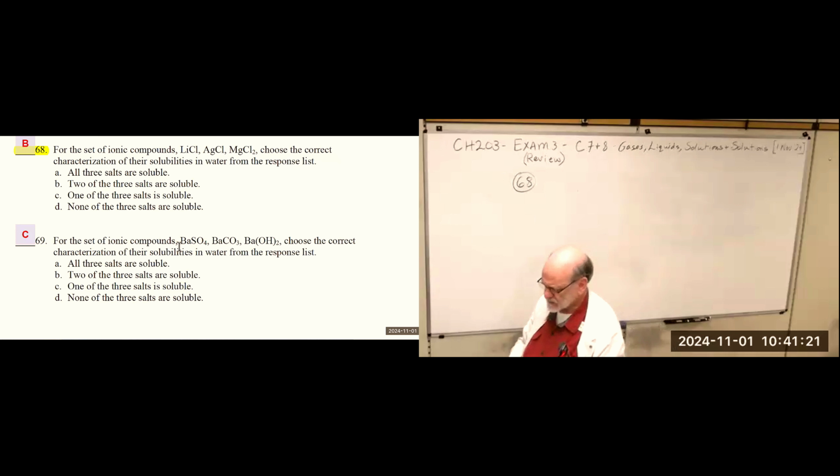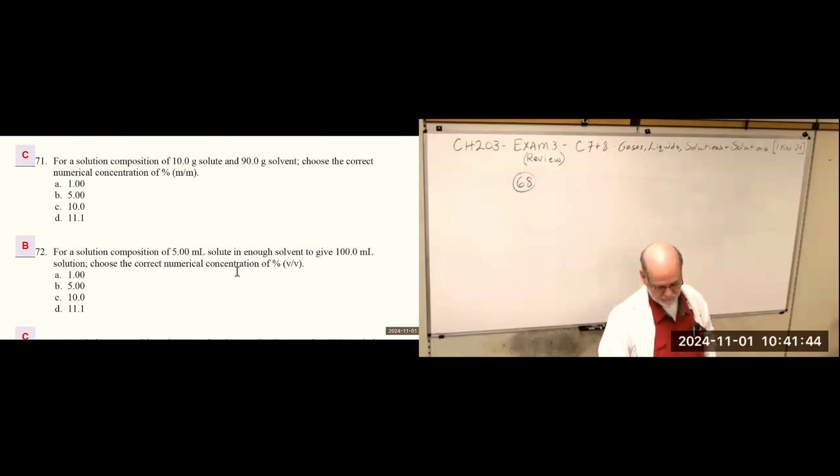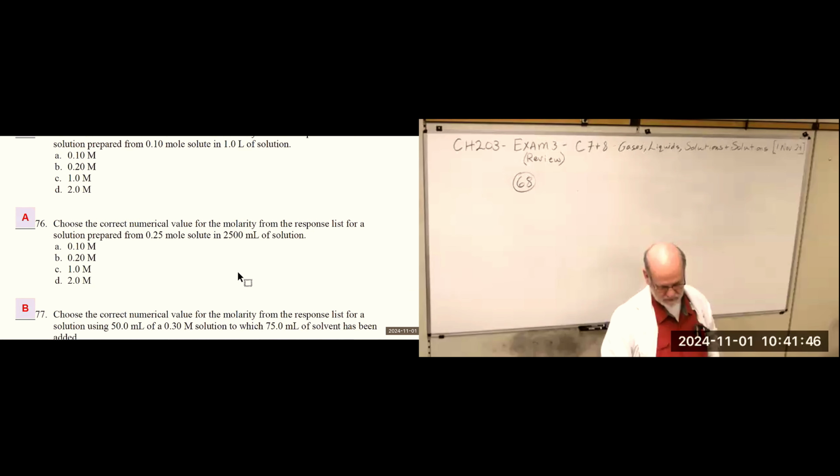Magnesium is also soluble, I'm pretty sure. Most chlorides are soluble, except for silver, mercury, and lead. So only 2 of those are soluble. B is the answer. 2 of them are soluble. 1, silver chloride is insoluble.